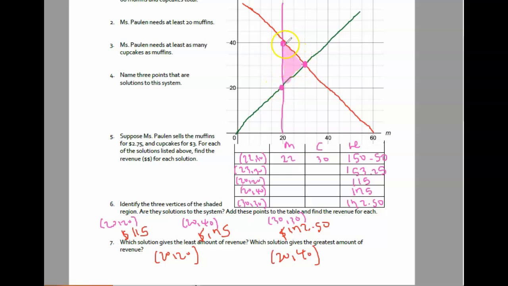And it's also going to give you the biggest amount of profit or revenue. Which is kind of funny to think about. So whatever is in the middle is not going to give you the least amount of revenue, nor the greatest amount of revenue. It's going to be one of the three vertices. Isn't that cool?